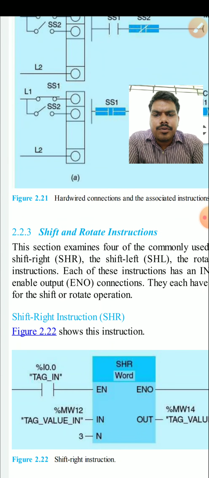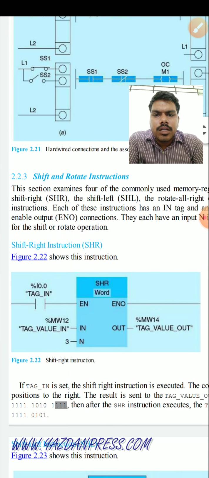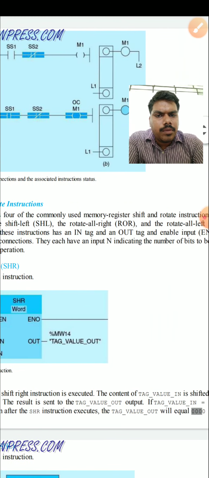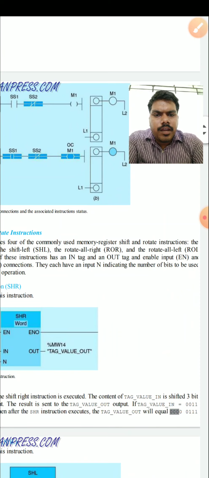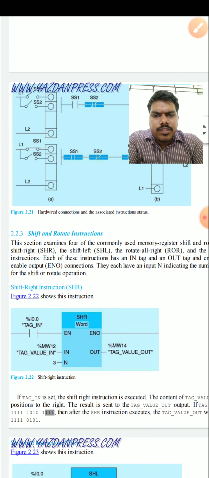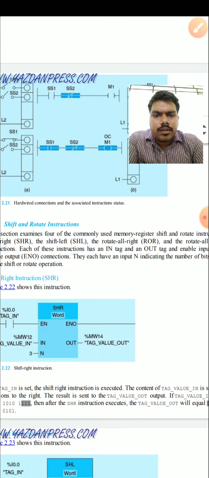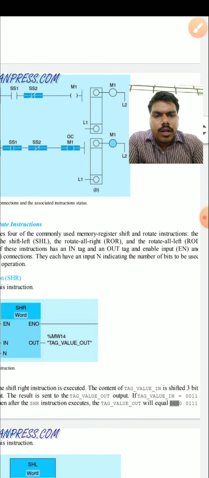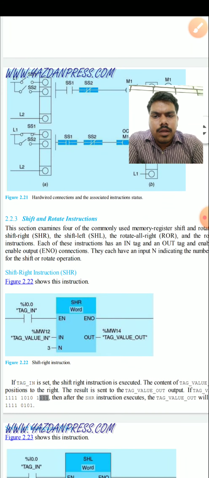Shift and rotate instructions are also used. This section examines four of the extremely used memory register shift and rotate instructions: the shift register SHR, the shift left, the shift right, the rotate right ROR, and the rotate left ROL instruction.